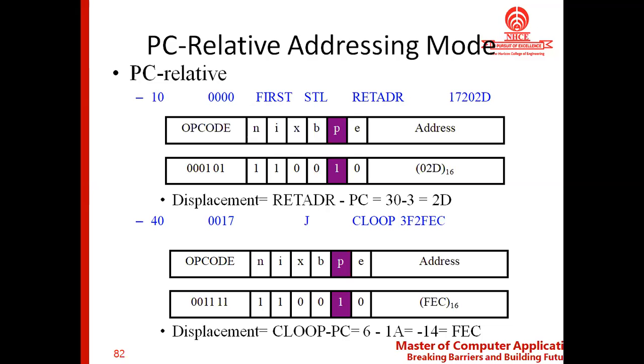So herein we have the values over here. So when you take these values, opcode and NIXBPE bits, whatever way we have to do it, the same way we can do it here also.